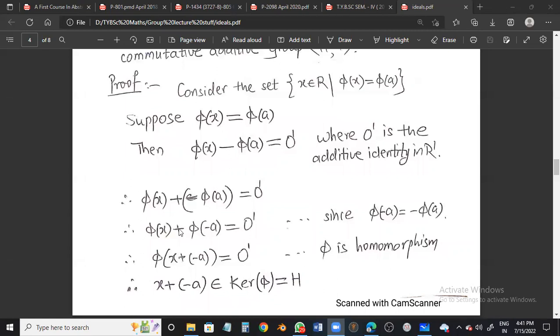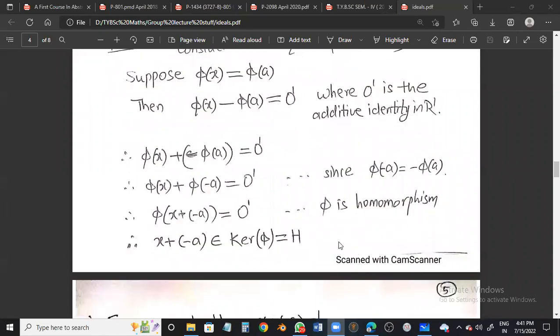So we use it. And what we are getting is phi of x plus phi of minus a becomes 0 dash. It itself means phi of x plus minus a is 0 dash, because it is a homomorphism, you know, phi preserves addition. Now its image is 0 dash, means this element must belong to the kernel. So we are saying this belongs to the kernel of phi.